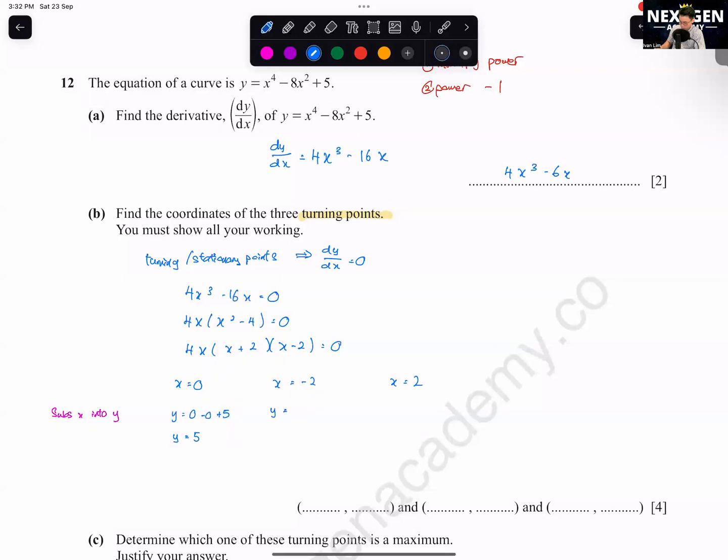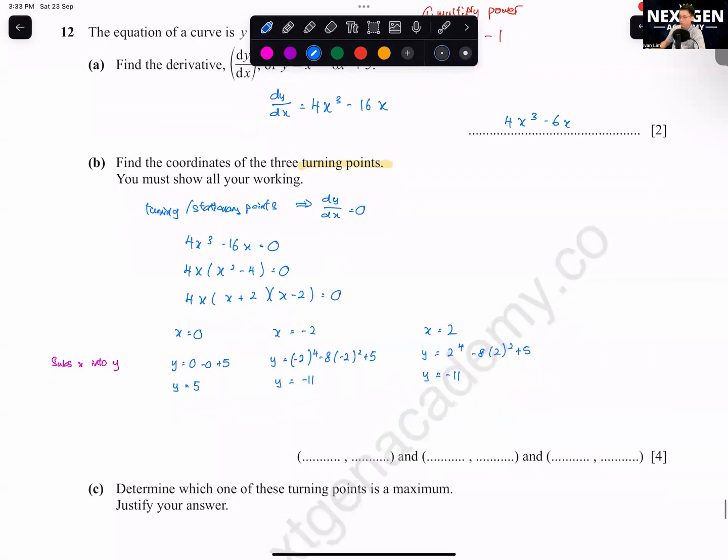Here y equals (-2) power 4 minus 8 times (-2) power 2 plus 5, which is y equals -11. The final one, y equals 2 power 4 minus 8 times 2 power 2 plus 5, which is y equals -11. Okay, 4-mark question here. So you get (0, 5), (-2, -11), and (2, -11).